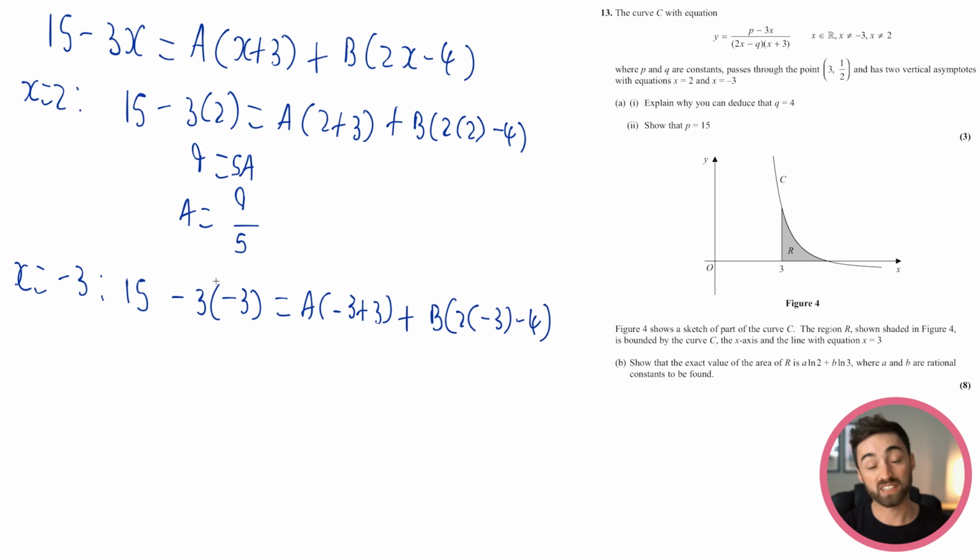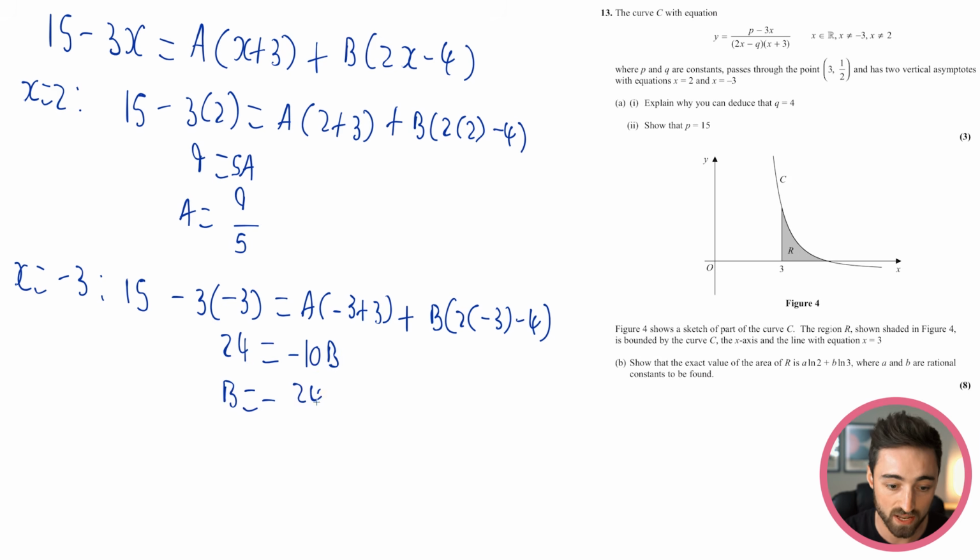So minus 3 times minus 3 is plus 9. 15 add 9 is 24. Equals, A term goes, 2 times minus 3 is minus 6. Take away another 4 and I get minus 10. So B is going to equal minus 24 over 10.